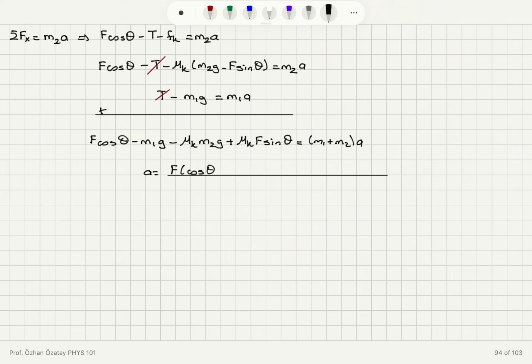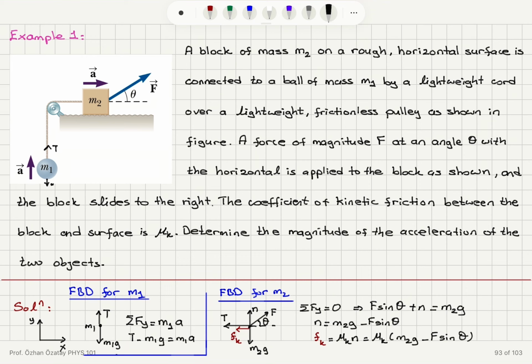Okay, so in this case we talked about an object that is moving under the influence of friction. It's a system of two masses m1, m2 connected by a lightweight pulley and a lightweight string. m1 accelerates up, m2 accelerates to the right, so we have kinetic friction. First we have drawn the free body diagram for m1 and we have identified the two forces acting on it, tension T that is pointing up, and the weight m1g.